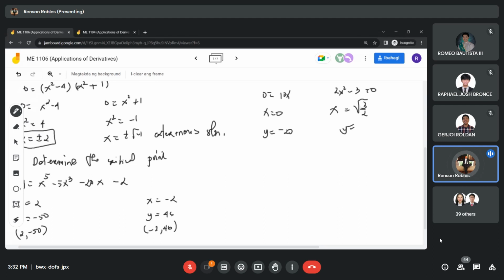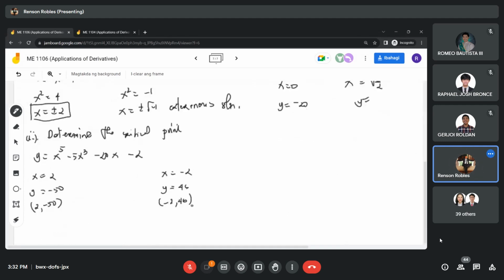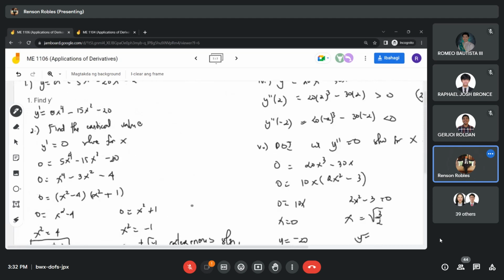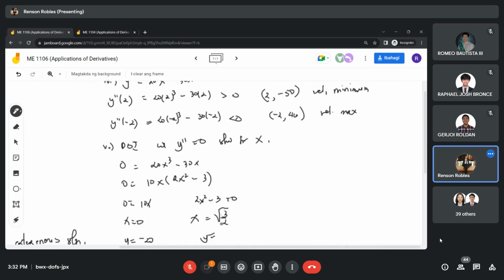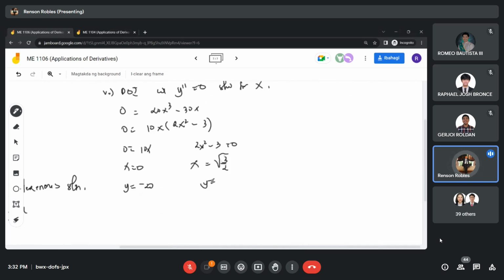Can you check that on the second derivative? What is y when x is square root of 3 over 2?